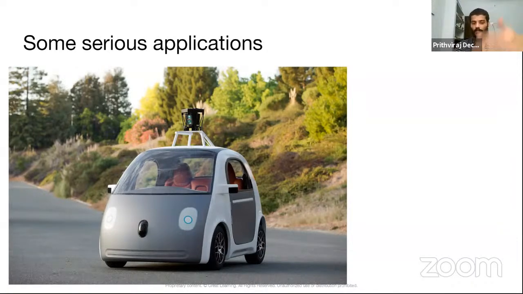But due to government regulation and due to safety issues, it's still not widespread. I mean, it's not used everywhere, but we do have specific areas in the US that use this car in day-to-day life. So even this has a lot of serious AI going into it.